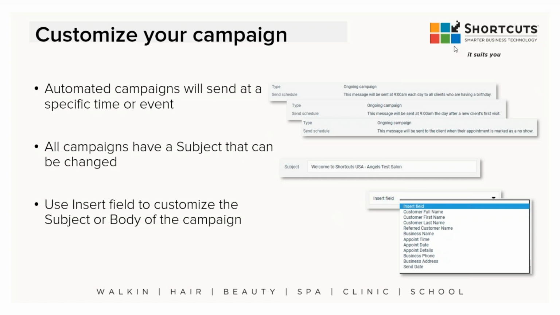So it's much nicer when you get an email that says, welcome to Angel Salon, Noah. We're happy to have you. So it's much more personal. And then in the body of the campaign, you can also insert that customer's first name as well. You can insert business details, you can insert appointment details, things like that.